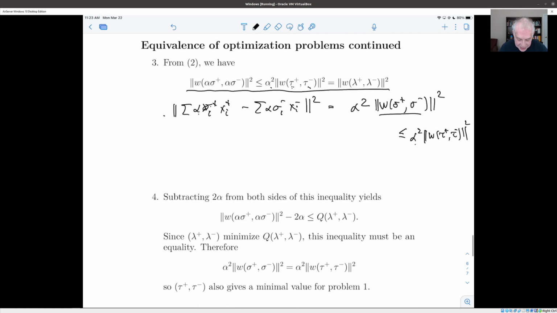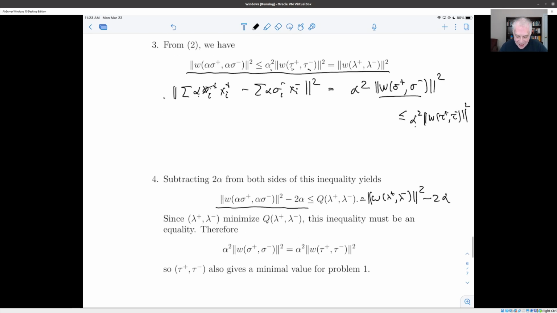And now we subtract 2 alpha from both sides of our previous inequality, and we get w of alpha sigma plus alpha sigma minus squared minus 2 alpha is less than or equal to q, because when you subtract w lambda plus lambda minus squared minus 2 alpha, you get q. But now we use the minimality one more time.